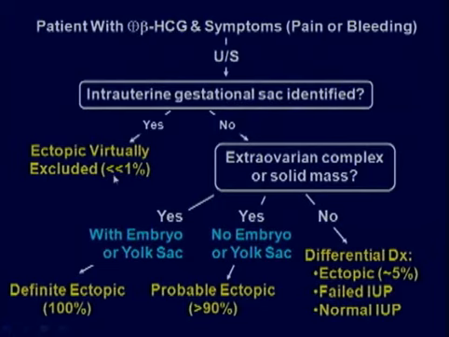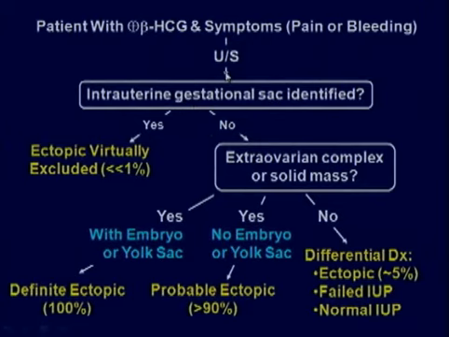The chance of ectopic, if there is an intrauterine pregnancy, is well under 1%, probably under 0.1%. Doesn't mean that we shouldn't look for it, but to all intents and purposes, the identification of a pregnancy inside the uterus rules out a pregnancy outside the uterus, an ectopic pregnancy.